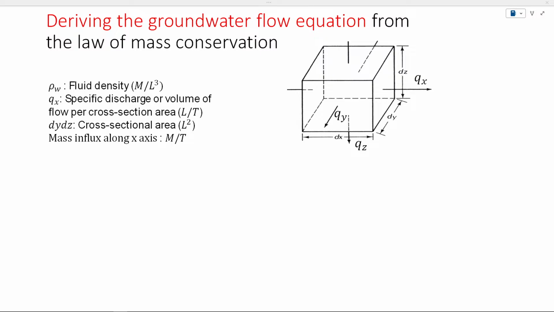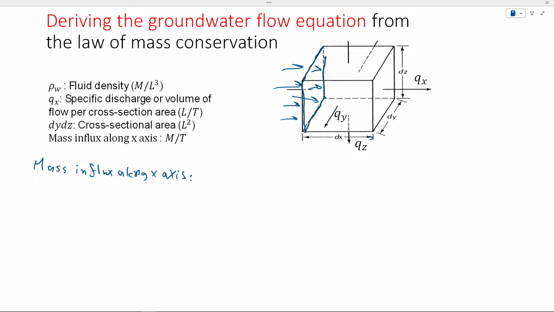So here, mass influx along the x-axis. This is my x-axis here, and this is my delta x. Then I have mass influx, basically along this boundary.